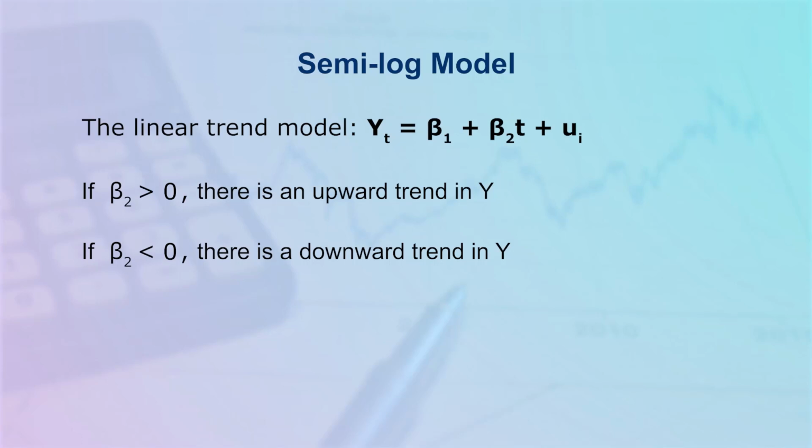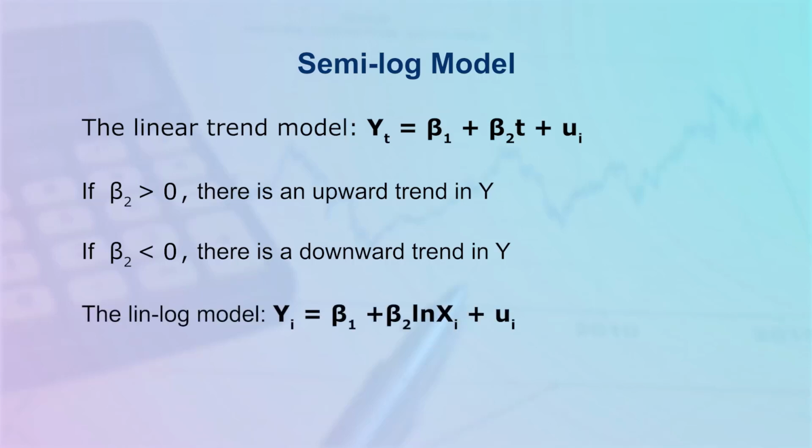So if beta 2 is positive, there is an upward trend in y. If beta 2 is negative, there is a downward trend in y, and accordingly we can make our interpretation. And beta 2 always is measuring the slope of the function. So thereby we can say that yt rises exponentially or yt falls exponentially depending on different values of beta 2.